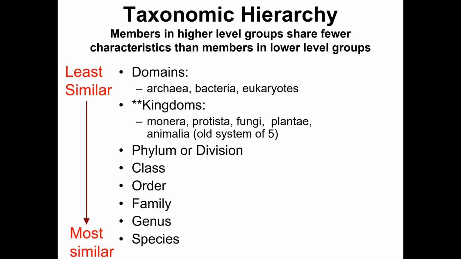Another quick refresher slide in case it's been a while since you folks have had Gen Bio, looking at the taxonomic hierarchy. For a long, long time now, this has been in place. In the taxonomic hierarchy, we have different groupings or different ways of sorting out organisms.